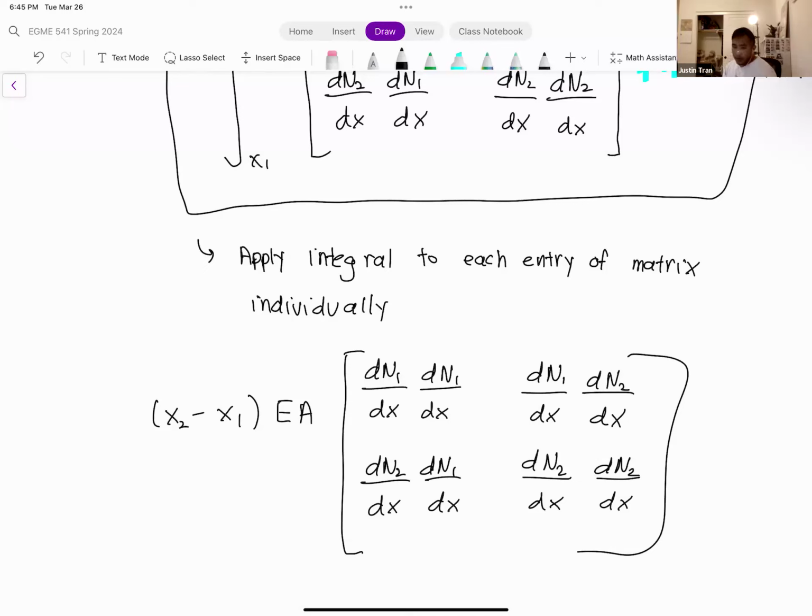So this is if E and A are constant. That's all it is. So don't be intimidated by the integral of a matrix. It's a lot simpler than you think. You just apply the integral to each term of the matrix individually. And when we come back on Thursday, where we actually integrate the forcing term, the body force term, you'll see that again.